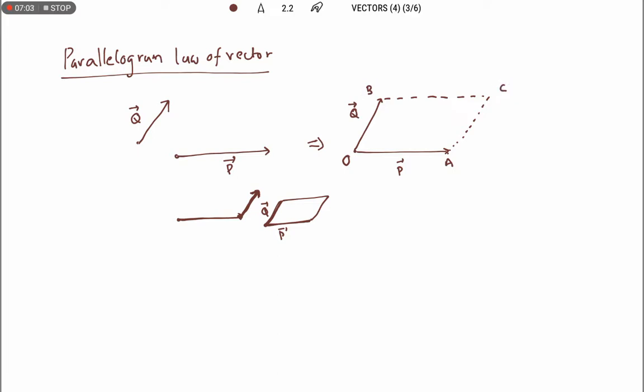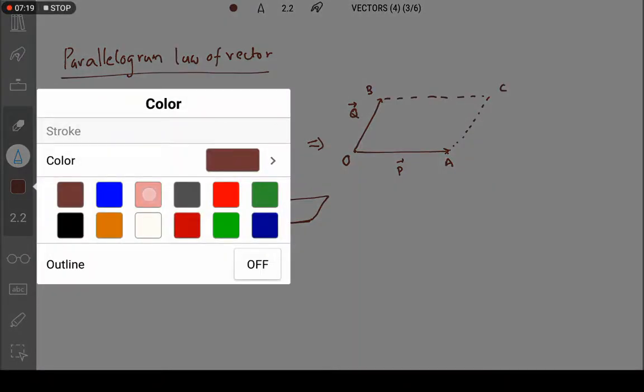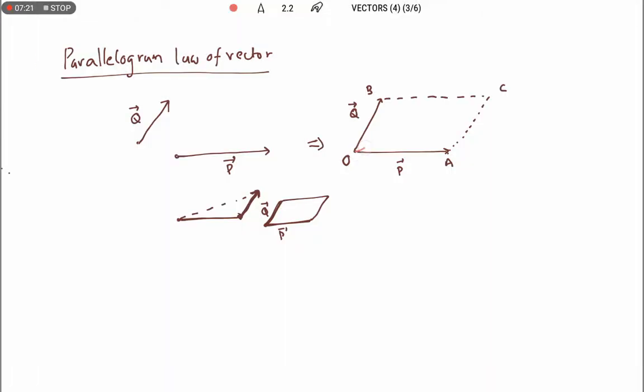Sir, what about the resultant? In the case of the triangle law of addition of vectors, the resultant will be the closing side of the triangle taken in reverse order. So in this case, what is the resultant vector? The resultant will be the diagonal of the parallelogram.